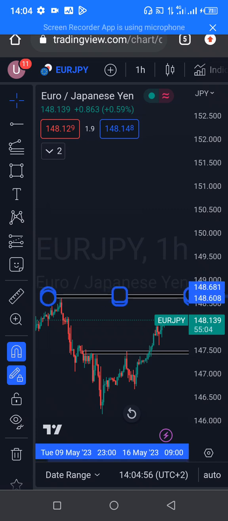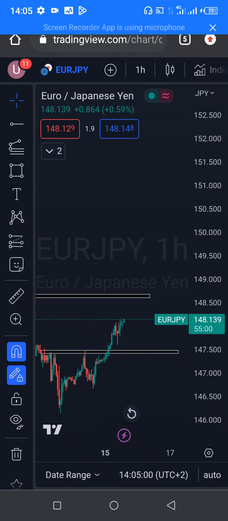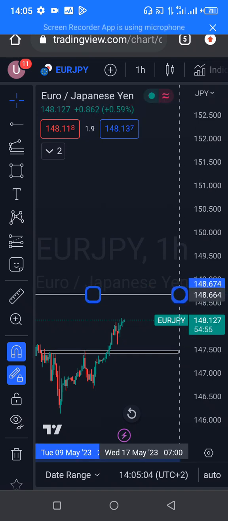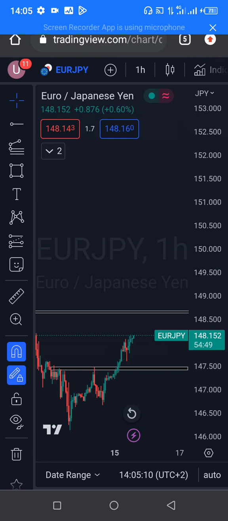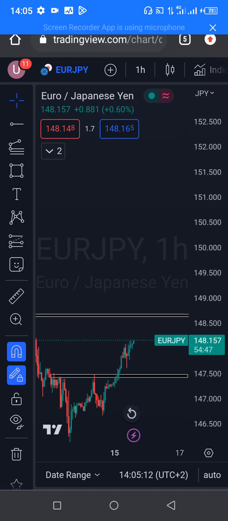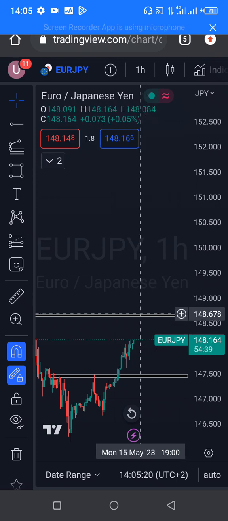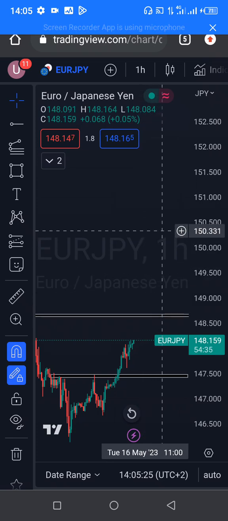When we break the structure over here, this one over here, break, retest, and to our TP.